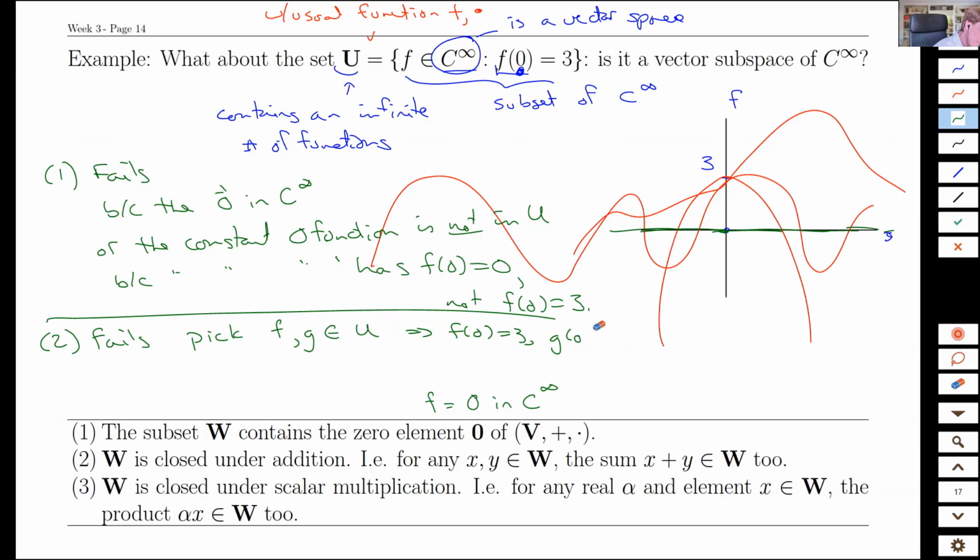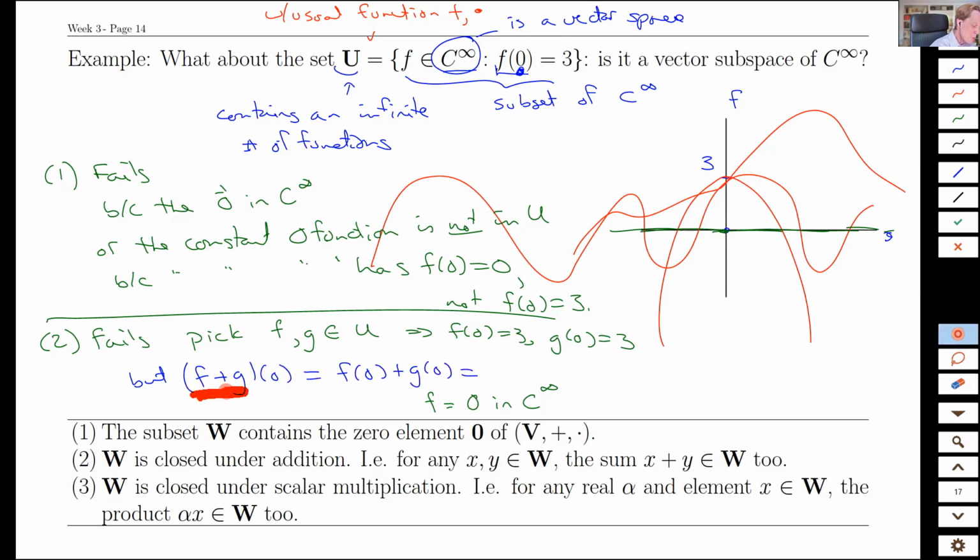If I pick 2 functions out of the set, the thing that defines them being in the set is that they satisfy this going through the point (0, 3). But f plus g at 0 is going to be f of 0 plus g of 0.